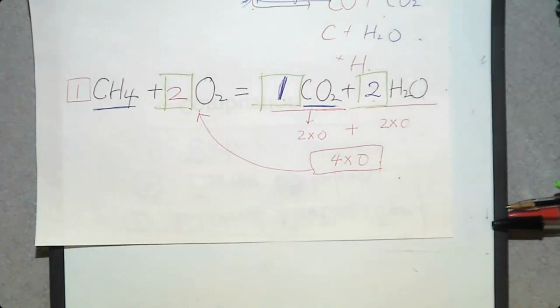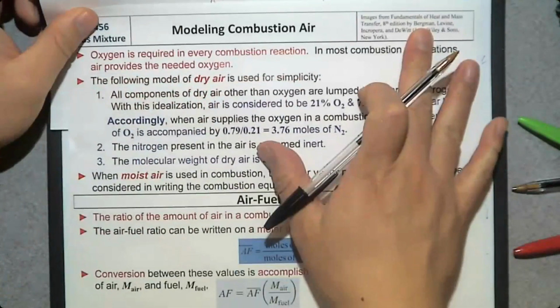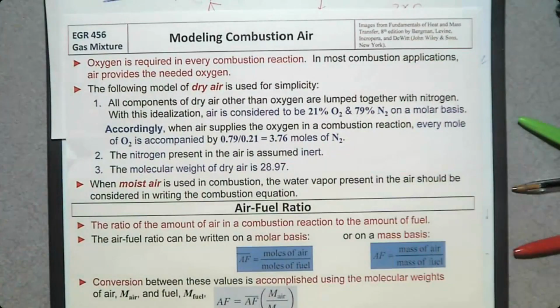What about if we have air instead of oxygen? Air is considered to be 21% oxygen, 79% nitrogen.